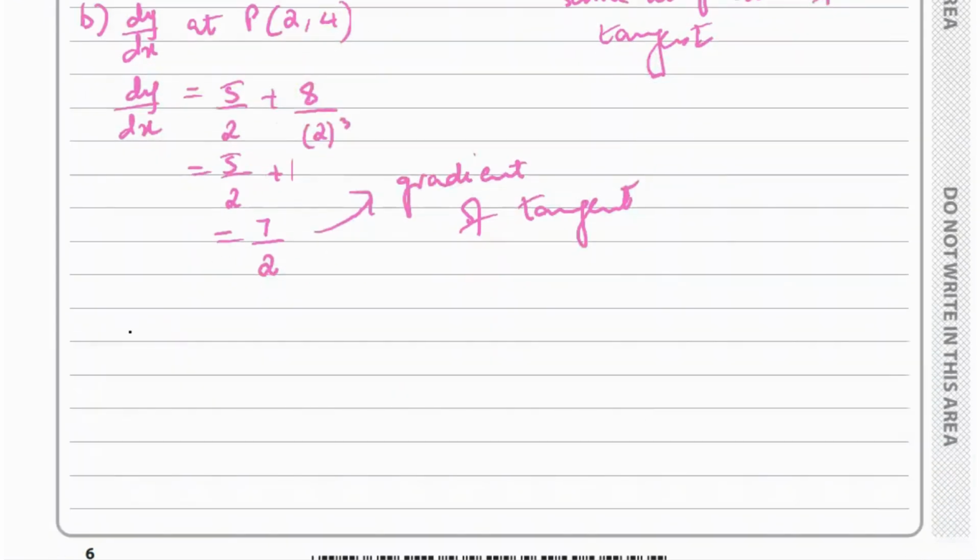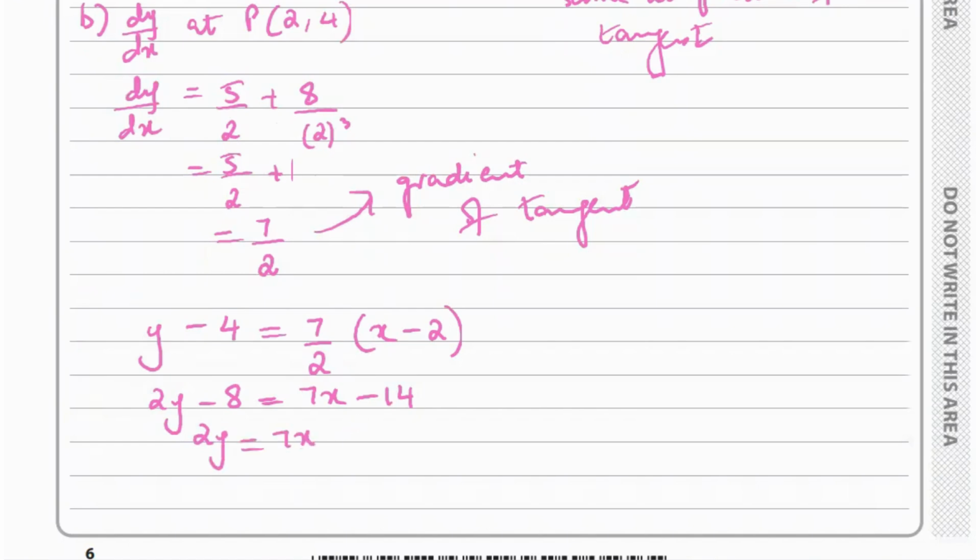You can use point slope form, slope intercept form, any form you want to use for the equation. I'm going to use point slope form. So y minus 4 equals 7 over 2 times x minus 2. 2y minus 8 equals 7x minus 14. 2y equals 7x minus 14 plus 8, which is going to be 7x minus 6.